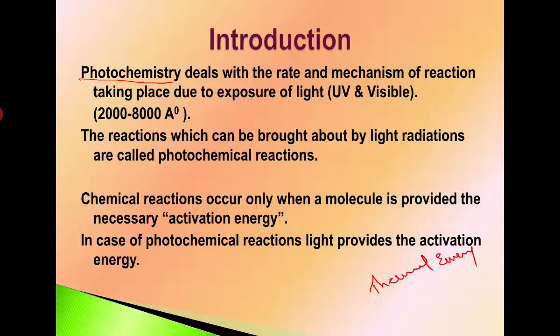Then let us see what will be the interaction of radiation with matter. Suppose an atom or a molecule is exposed to radiation energy, here the UV and visible region of the spectrum. The individual molecule gets excited to an excited electronic state.